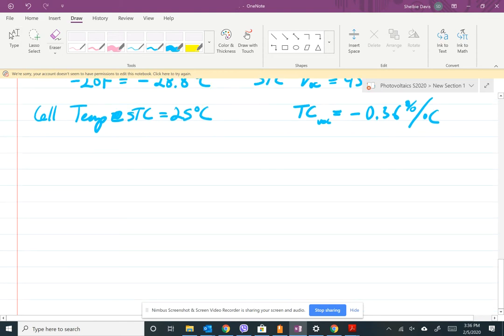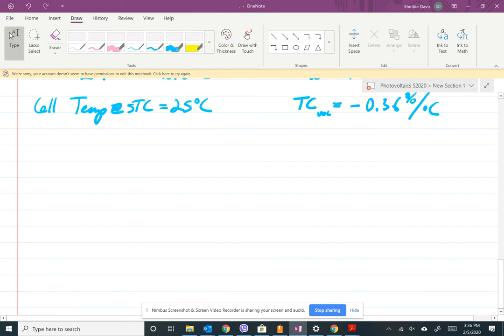All right, so we have this formula that I'll show you. And this is true for voltage, current, and power, so you can use it all the same way. So I'll show you for voltage. If you want to find out, for example, the voltage output from your panels at a specific cell temperature, you can use this formula.